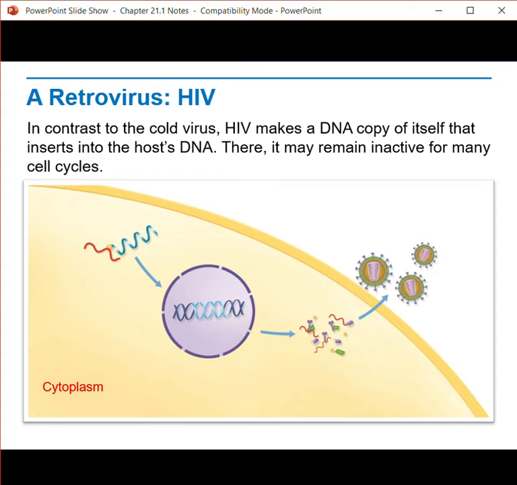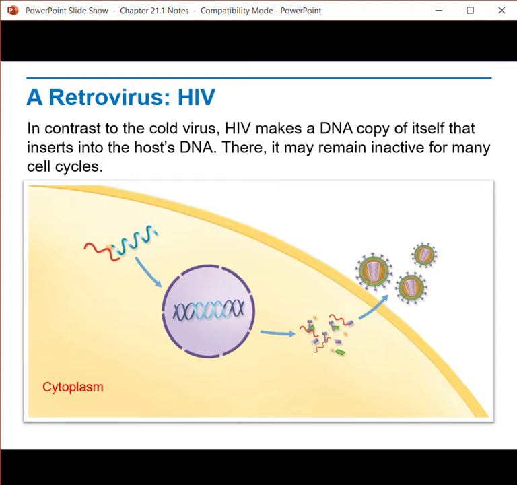This is caused by an RNA virus called HIV, which we call human immunodeficiency virus. So before we go on, just to make sure people understand, you cannot catch AIDS. AIDS is something that is caused by a virus.